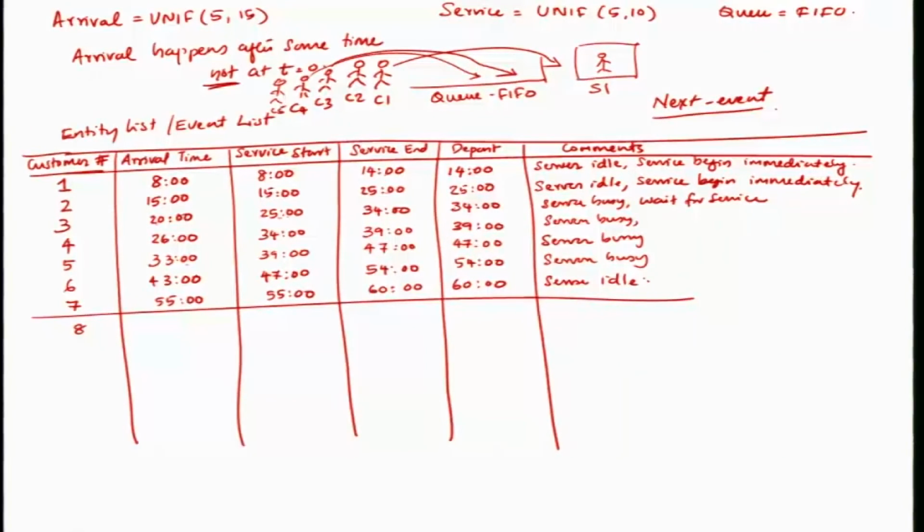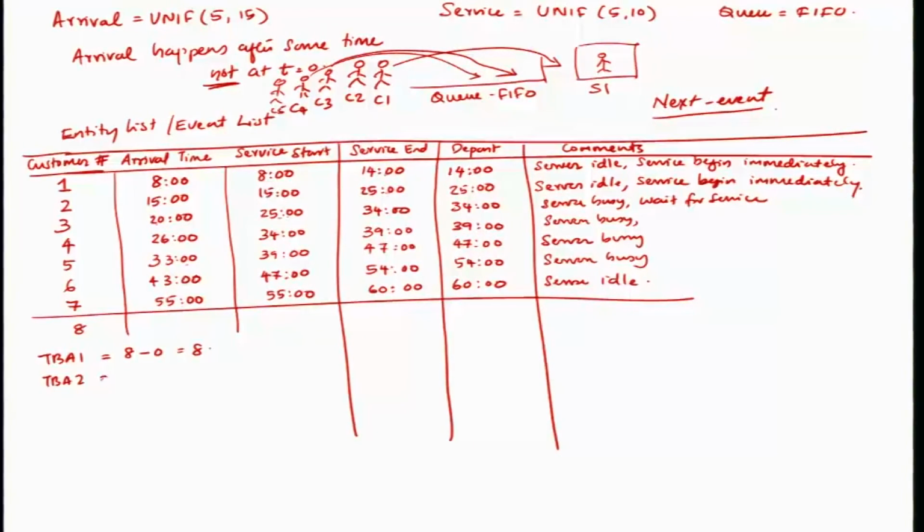Okay. So, if you want to calculate the time between arrivals, let me do this properly, only up to this much. The time between arrivals TBA1 is equal to 8 minus 0, that is 8.